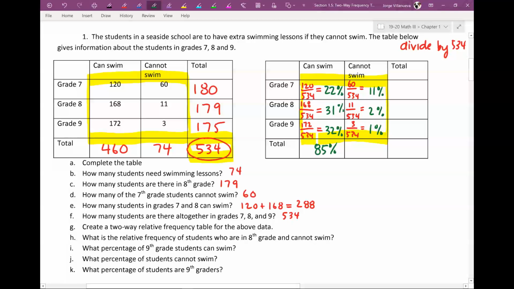So if I add all that together, I get 14%. Okay, 11 plus 2 plus 1, that's 14, so 14%. 85% plus 14% equals 99%. Okay. So that means that my totals on the right side better add up to 99%.